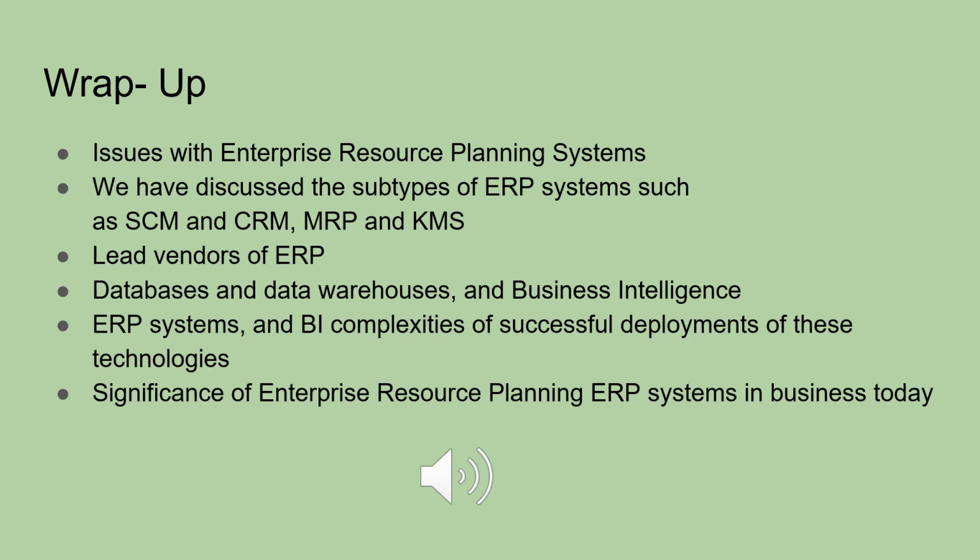We have learned about databases and data warehouses as well as business intelligence. We have studied several examples of ERP systems as well as business intelligence and covered some of the complexities of successful deployments of these technologies. We have come to understand how significant enterprise resource planning systems are in today's business.